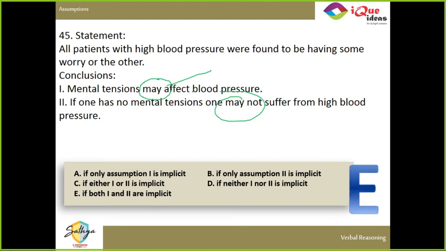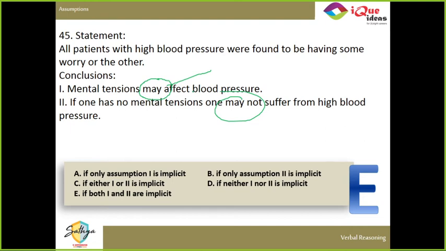See, they are not saying that mental tension is definitely affecting blood pressure. But if a person with high blood pressure also has worries, then we may think that it is the tension which may be causing the blood pressure. There's nothing wrong in it. Shubham, did you get that? Instead of may, if it says mental tension definitely affects blood pressure, then I cannot be sure.